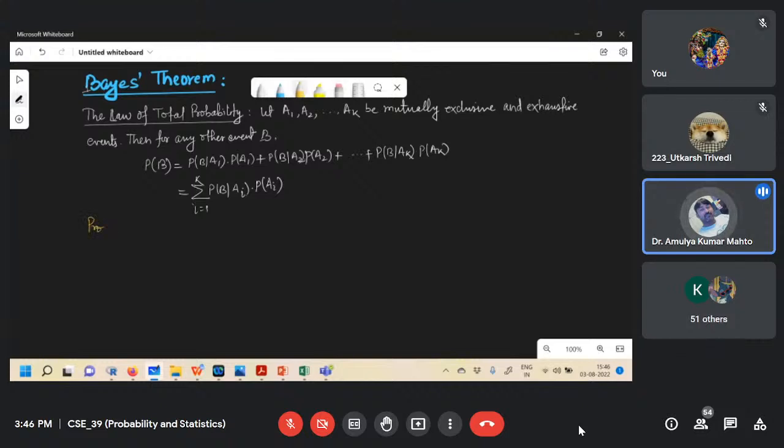So the proof of this is like this. We have seen that A1 to AK are mutually exclusive, since A1, A2, and AK are mutually exclusive, meaning there is nothing common in them.